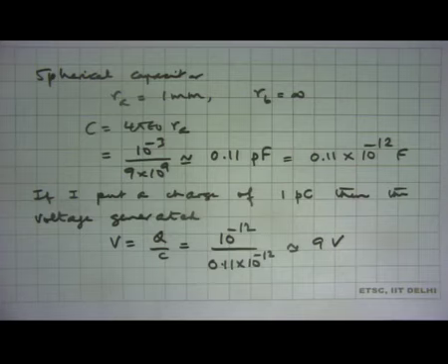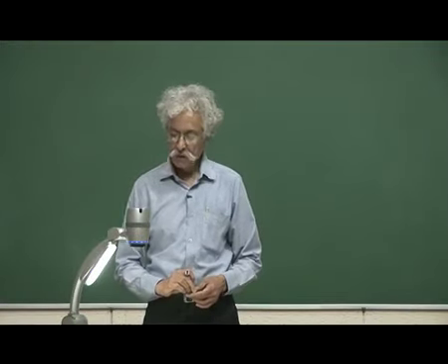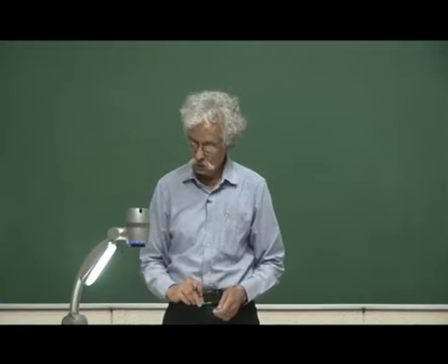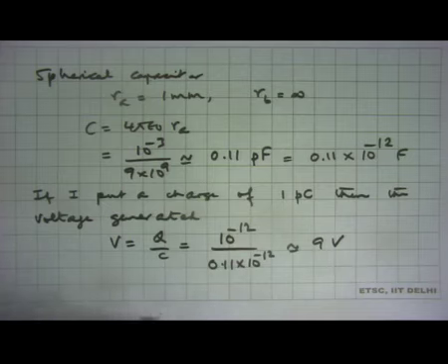So, if I put 1 picocoulomb of charge on this spherical conductor of radius 1 millimeter, I will develop a voltage of 9 volts, and beyond this point, you can calculate what is the electric field of this spherical capacitor, etc., etc. I leave that problem to you, and you can calculate this.